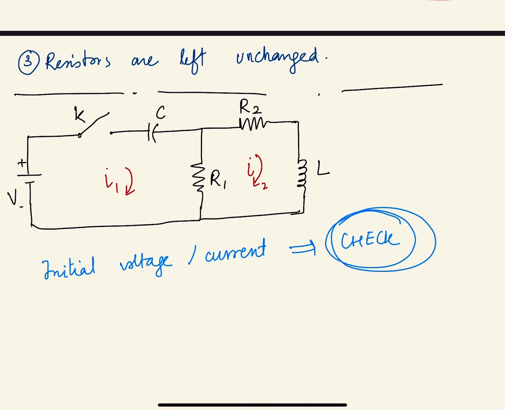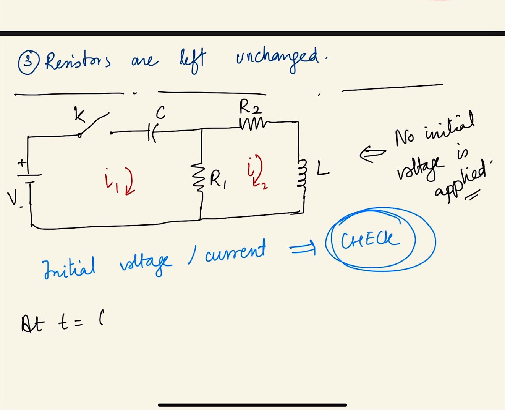For this circuit, no initial voltage is applied. So you know that this circuit has been unconnected before the switching action takes place. Now at t equal to 0, you are closing the switch. The switch is closed.